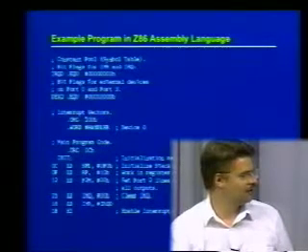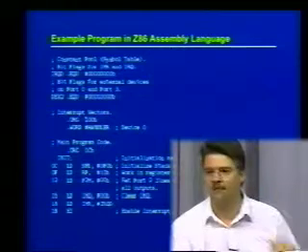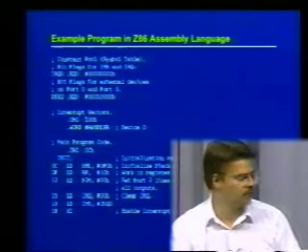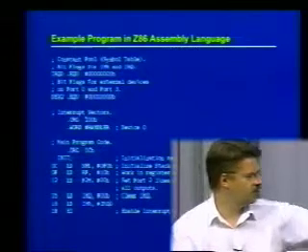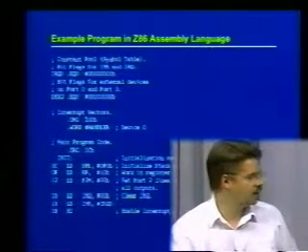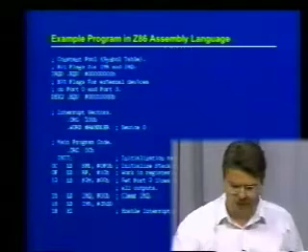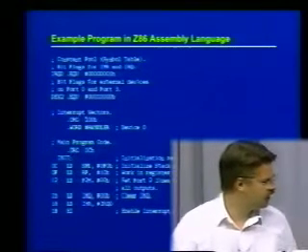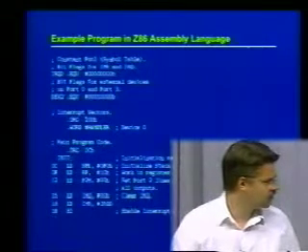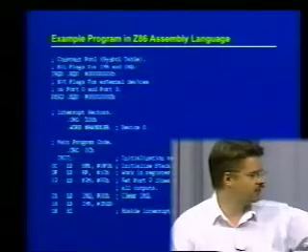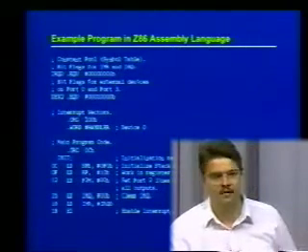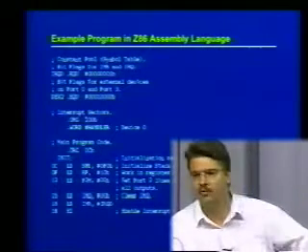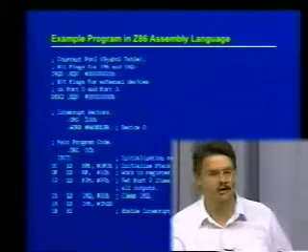This program is not doing anything terribly interesting, but it is a running Z86 assembly language program, and if you look at it a little bit, you will see that there's some stuff in the beginning that says interrupt vectors. It starts saying .word handler. So this is where it says, look, the interrupt handler for a particular kind of interrupt we will find at the label handler, which will then be later in the program.